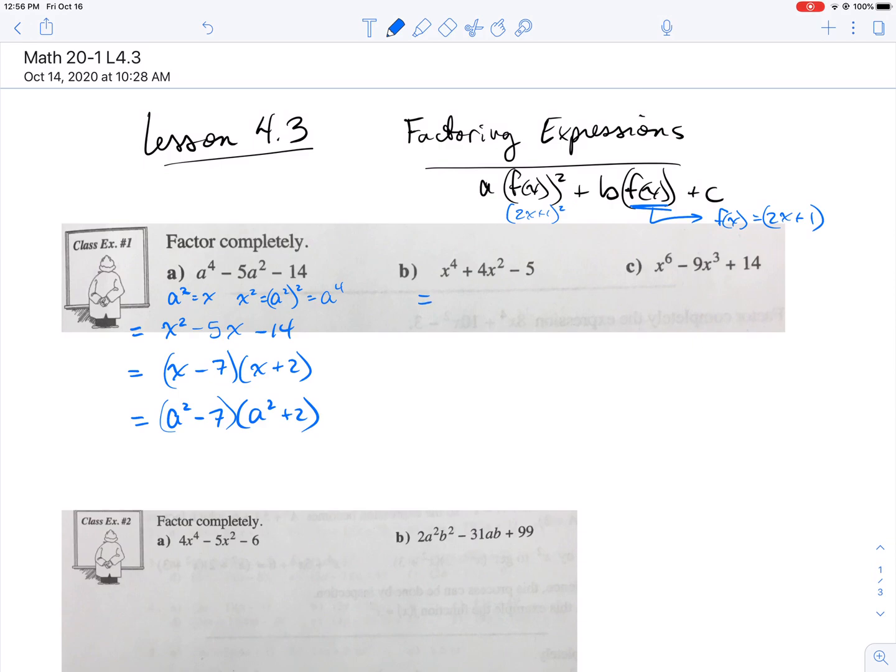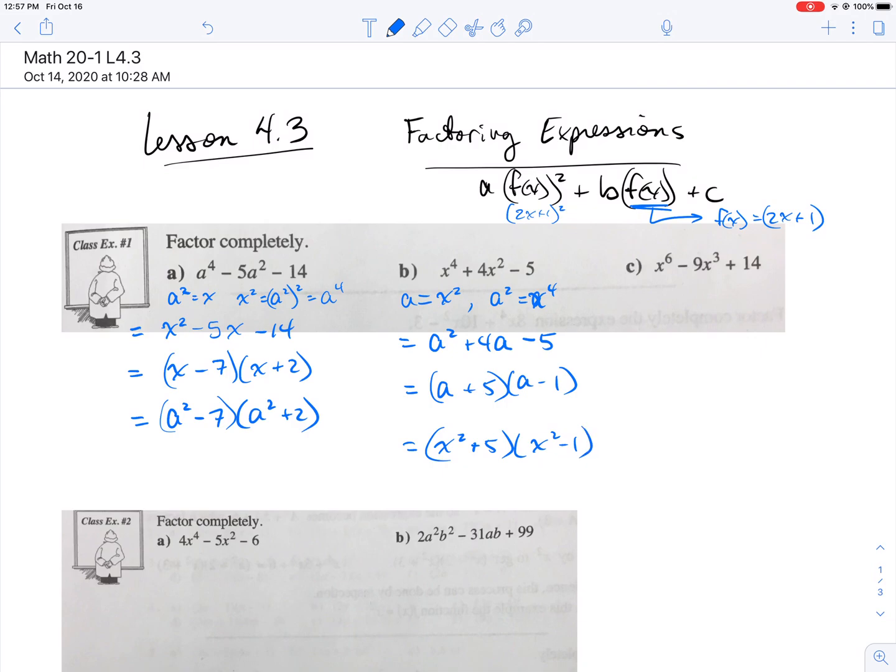I can't use x, so I'm going to say a is equal to x squared, and a squared is equal to x exponent 4. So I could say a squared plus 4a minus 5, then a plus 5 and a minus 1. And of course I've got to substitute back in.